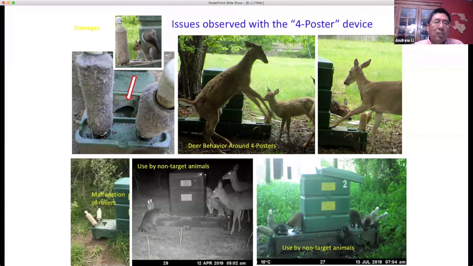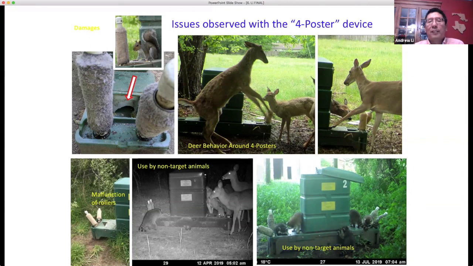Also, there's a design issue. The post is supposed to return to the upright position, but a lot of the time, I'll see probably 40 to 50% of the time, they are not returning to the upright position. So deer can still feed, but they may not get treated. So this may explain some of the less desired efficacy our people see.